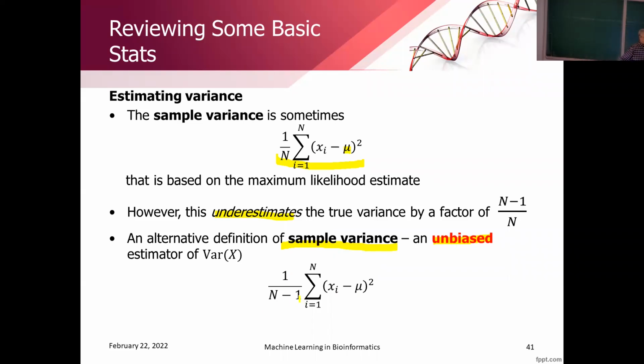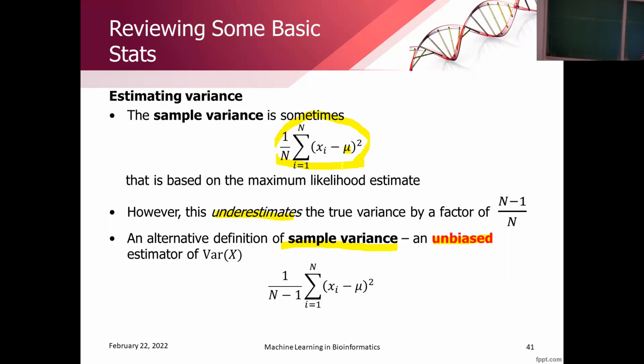Of course, if capital N is big, then the difference between these two values is very small. But for not so big capital N, this could make a difference. Interestingly, the first formula above is based on the so-called maximum likelihood estimate, and the second is for obtaining an unbiased estimate.